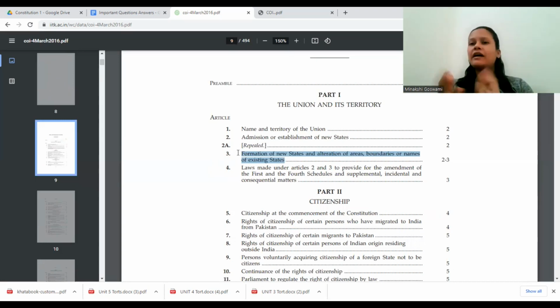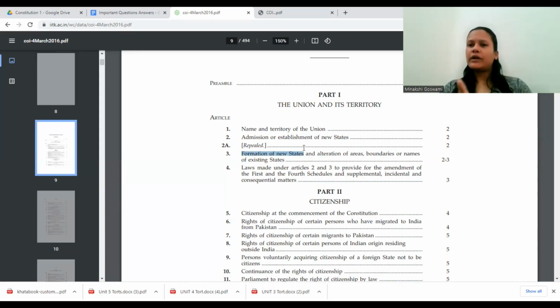Like that, we have different provisions. So when you are reading only Article 3 of the Constitution, it talks about formation of new states, alteration of areas, etc. So basically, we can form a new state. You will understand the concept.